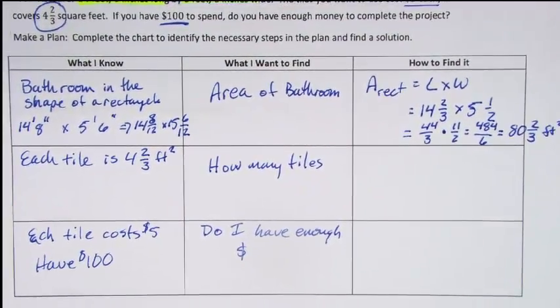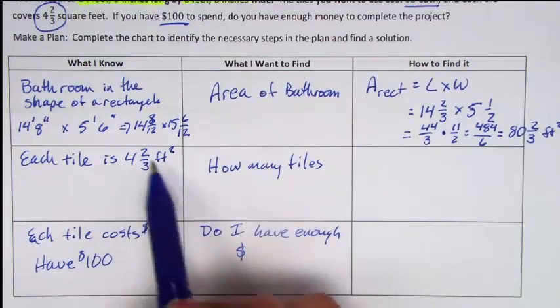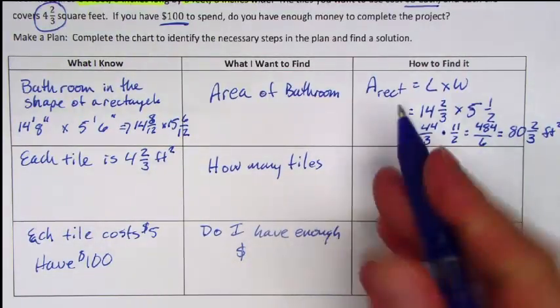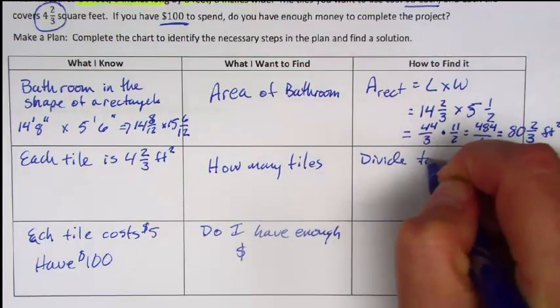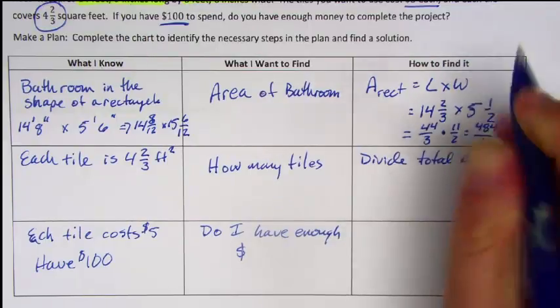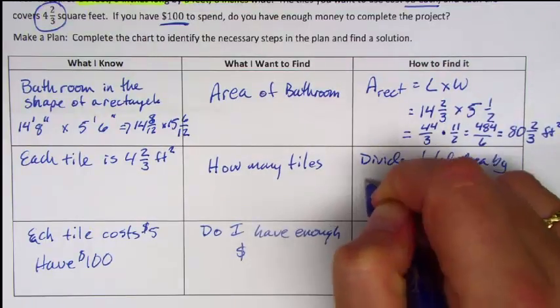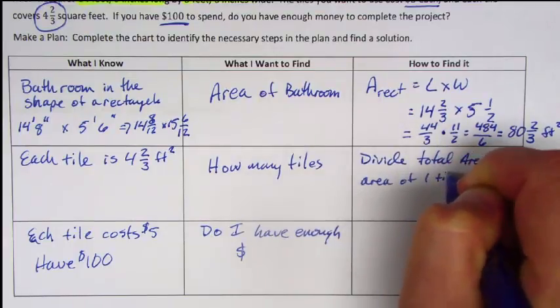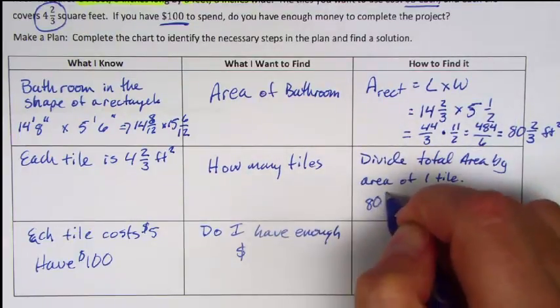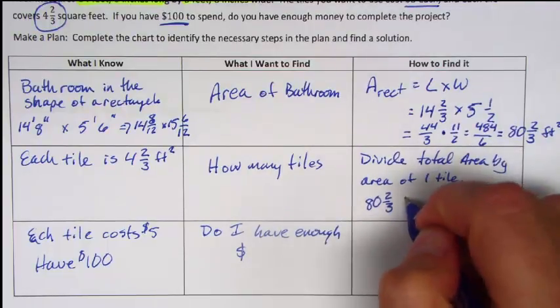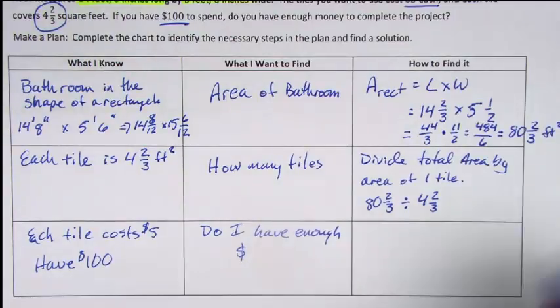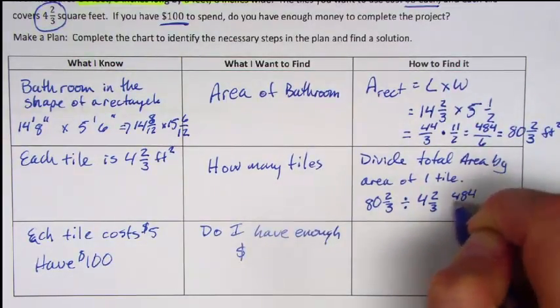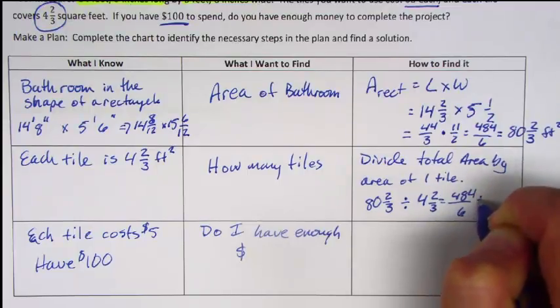Now that I know the total area, if I want to find out how many tiles, each tile is 4 2/3 square feet. So I'm going to divide the total area by the area of one tile. So 80 2/3 divided by 4 2/3. That's going to be 484/6, just going back to where I was, divided by 14/3.